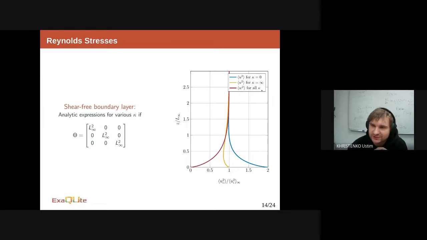We see that this Robin constant doesn't affect the vertical direction of the velocity. It will be the same for all kappa, but it will affect the other components. In this case, I remind you that the u and v directions will be the same. And kappa between 0 and infinity will lead to boundary values in between these two extreme cases.